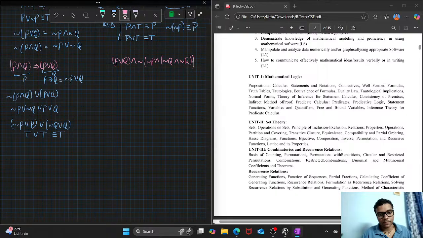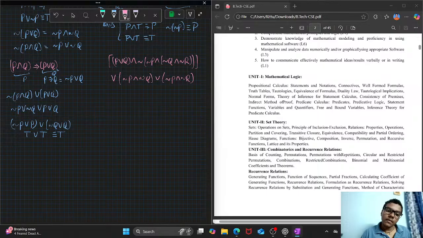Wow. So this is actually the first term, or (negation of P and negation of Q), or (negation of P and negation of R). Right. Okay.